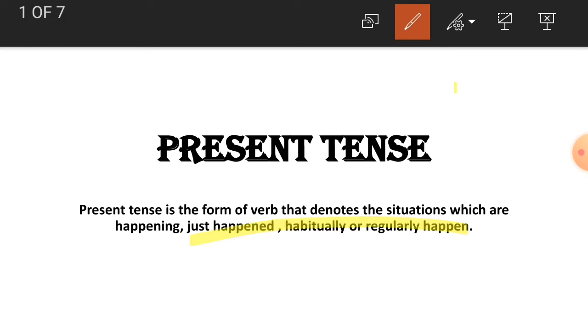Students, here you can check: which are happening, just happened, habitually or regularly happen. All these situations are related to present tense.